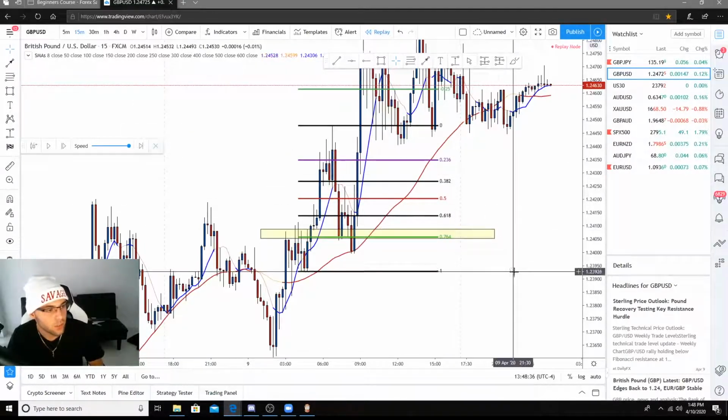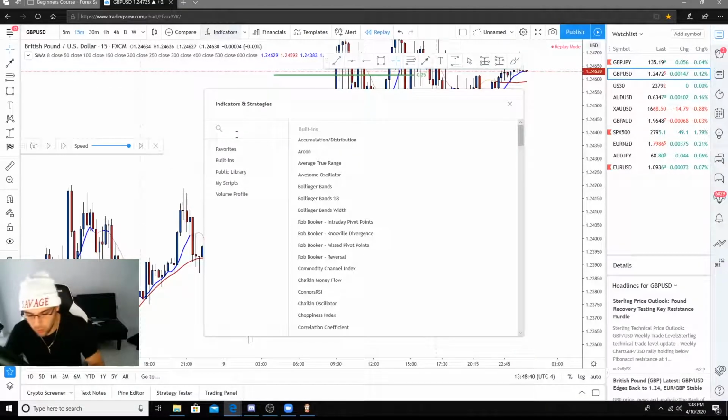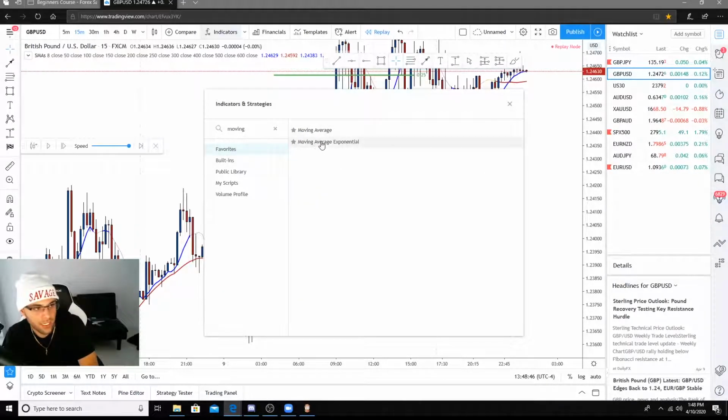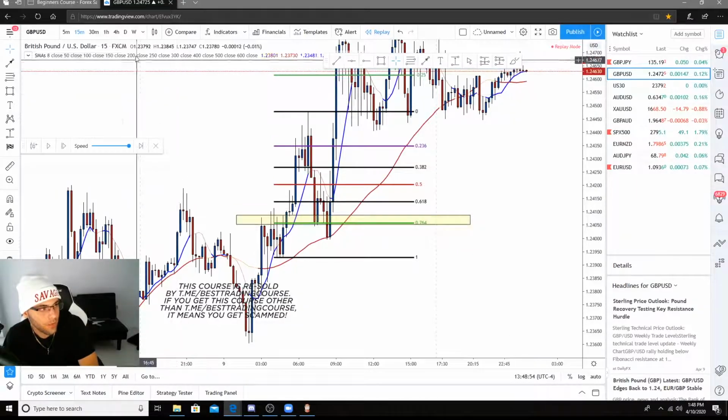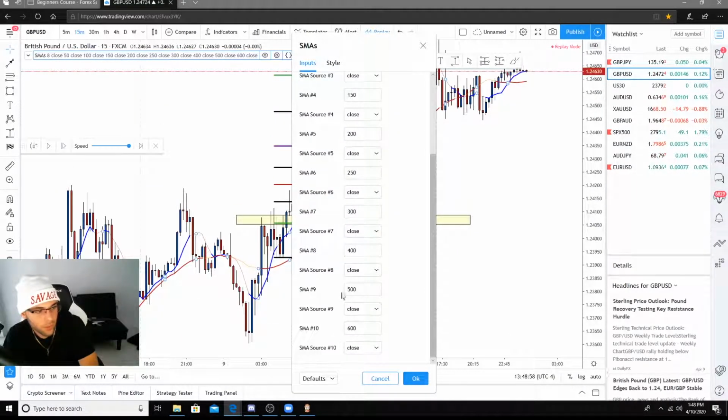Take mad notes. If you want to find the indicators, all you got to do is go to the indicators. You go to the moving average, and I have it already built in, and then it's right there, moving average. And then it'll show up right here, and then you should be good to go. Then you click on here, and boom, it'll show you 10 SMAs.